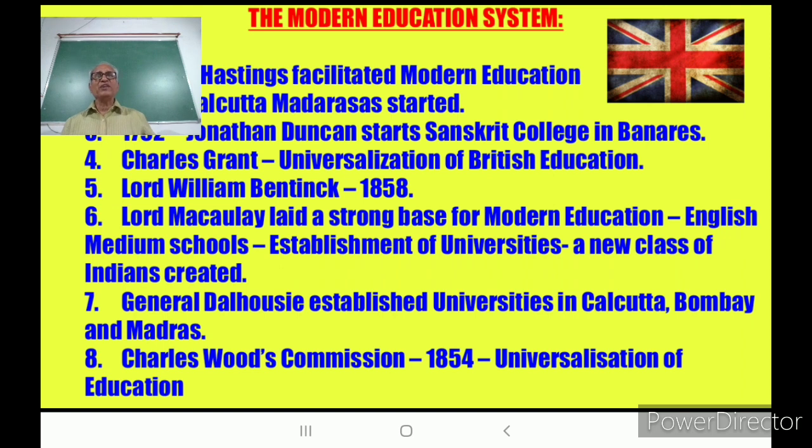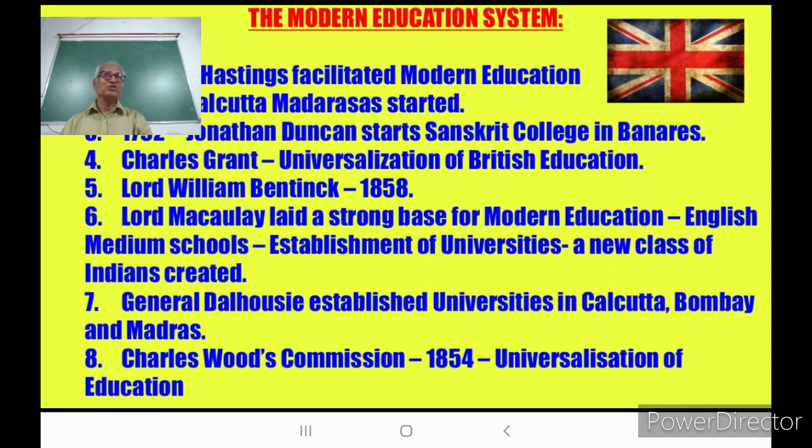A new class of Indians had to be created. It was also said that this new class of Indians should be Indians in body, but they should be British in their ability to think, be creative, and the intellect should be that of the British.